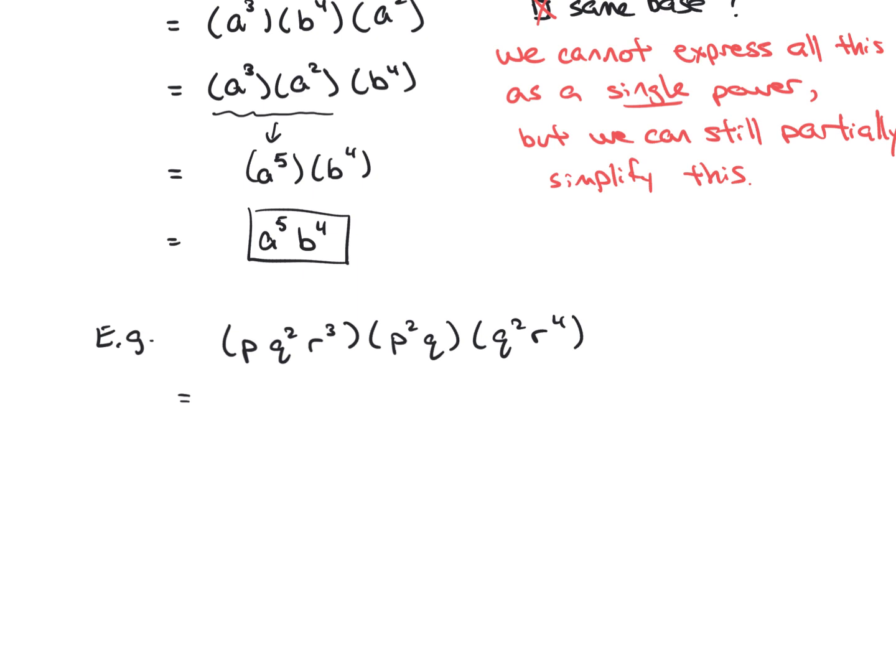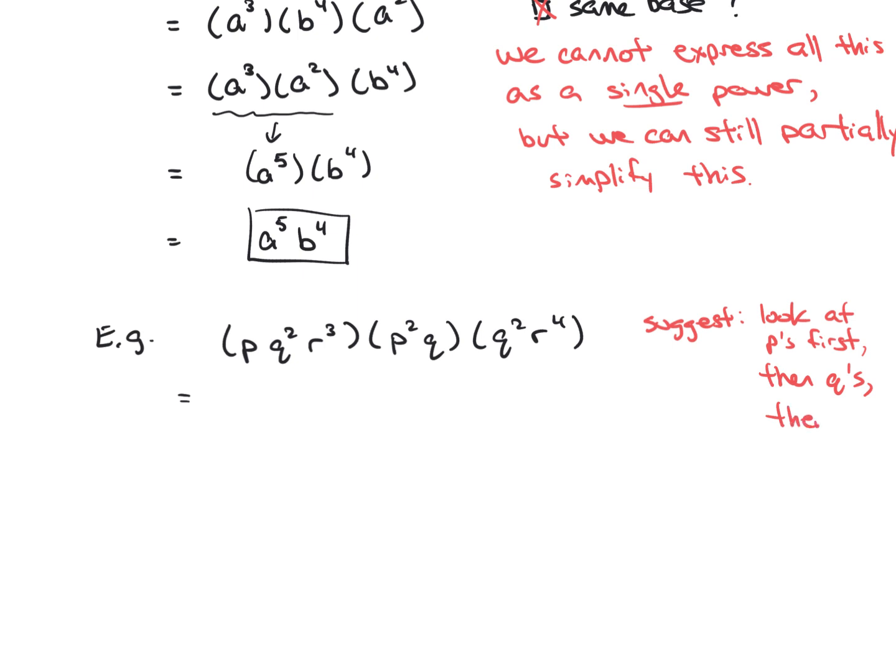So this one seems like there's a lot going on. Since every single thing here is multiplication, and it does not matter what order we multiply things in, I would suggest you look at all the p's first, then all the q's, then all the r's.